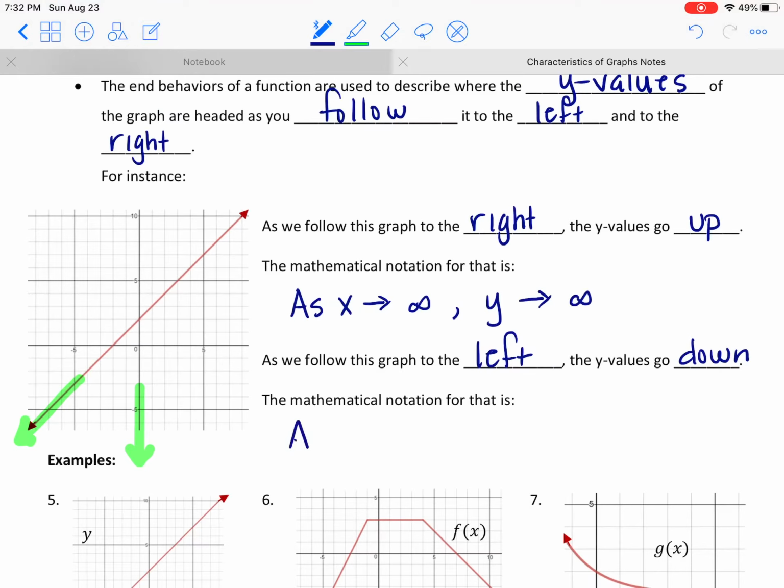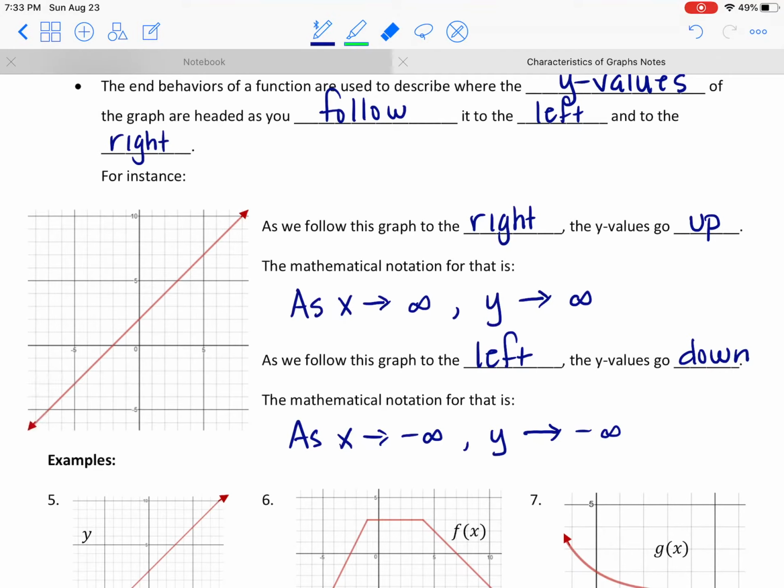We would say as x goes to -infinity. If we're on the x-axis headed toward -infinity, we're going left. So that's how we say follow the graph at its left end. Now as we follow it at its left end, we want to say the y values are going down. So we're going to say the y values are headed down, and down forever would be toward -infinity. Okay, so the notation is a little tricky, but the concept's not so bad.